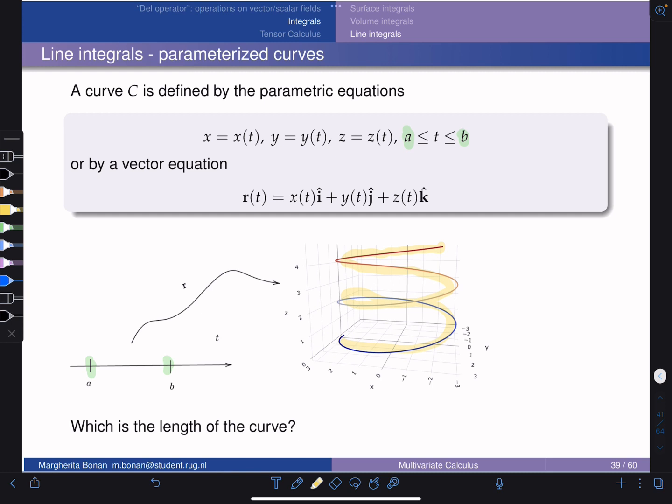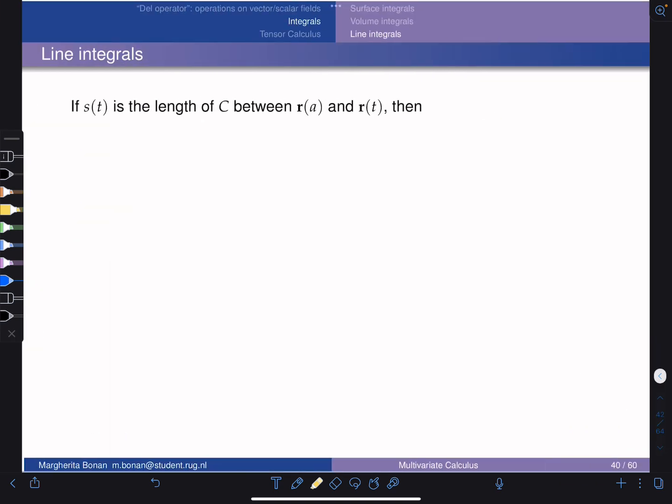Now we want to understand what the length of this curve can be. We can call s of t the length of this curve between r of a, the first point of the domain of t, and r of t.